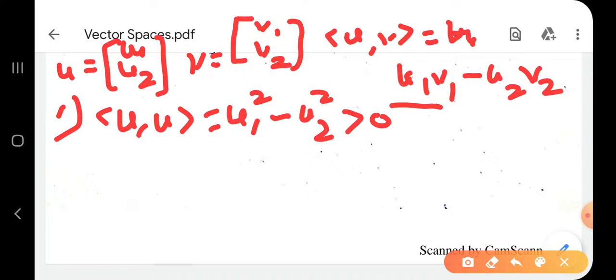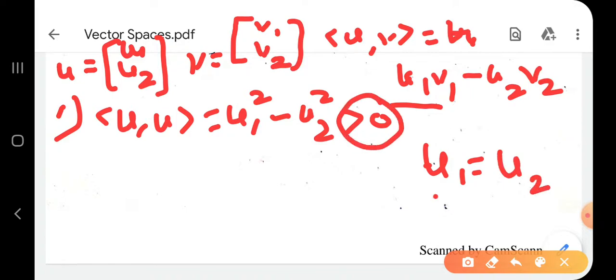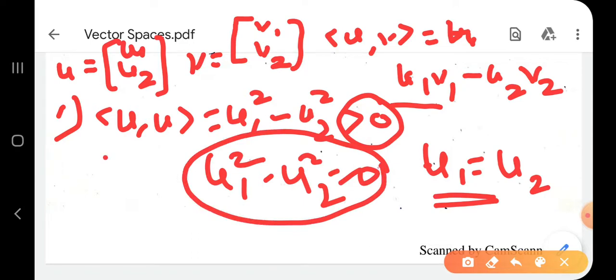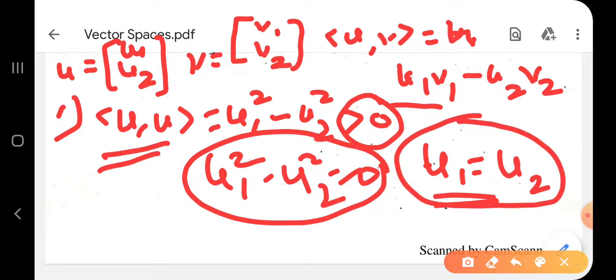But what happens if u1 is equal to u2? I want this greater than 0, but if u1 is equal to u2, then u1 square minus u2 square becomes 0. So I get the inner product of u with u equal to 0 even though u is not equal to 0.